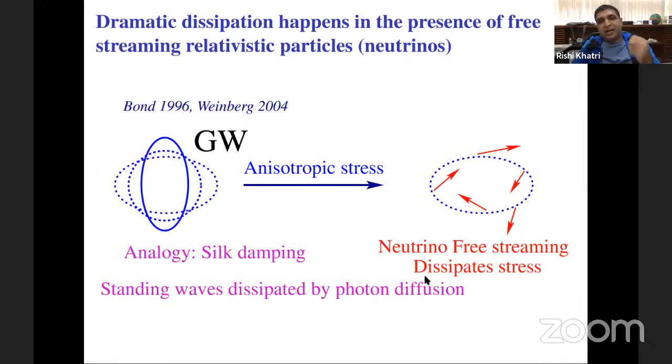But for dissipation of gravitational waves, we need a relativistic free streaming species, something which can free stream at the speed of light. And the reason is that gravitational waves are traveling waves, whereas the sound waves that we see in the CMB are standing waves.